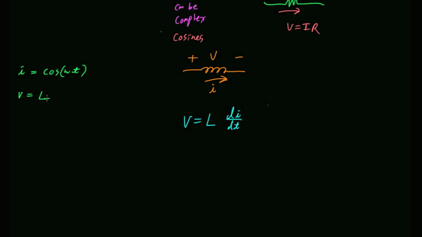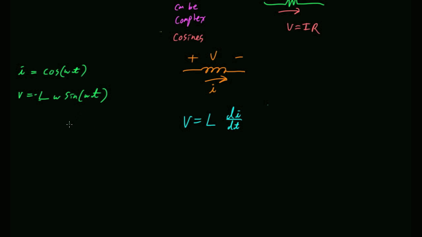L, good, I like the L. Thank you. Negative. I got to take the derivative of this, right? So now we got to see who remembers how to take the derivative of a cosine with the chain rule to boot. So negative omega sine omega t. Thank you for all speaking. Good. Holy cow, what a mess.